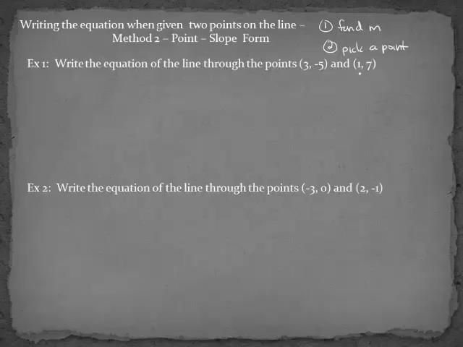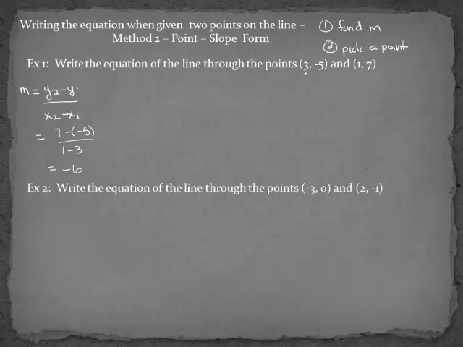So no matter which point you pick, it will be your right answer. So first we'll find our slope. I'll have 7 minus negative 5 over 1 minus 3, and that gave me 12 divided by negative 2, so negative 6. We already had that.